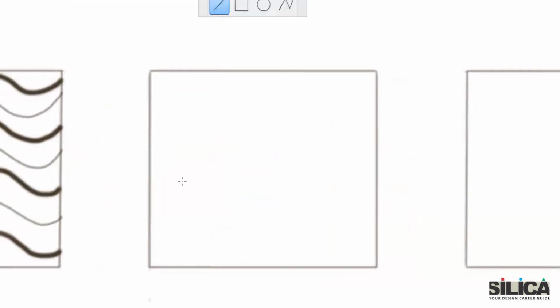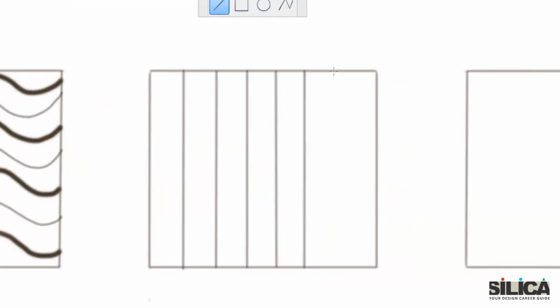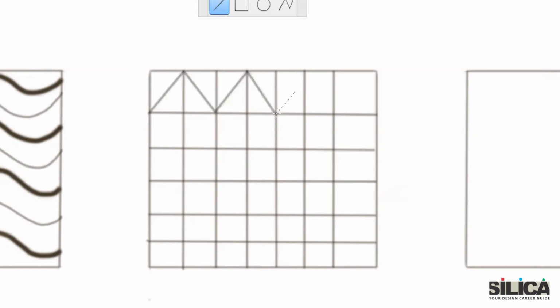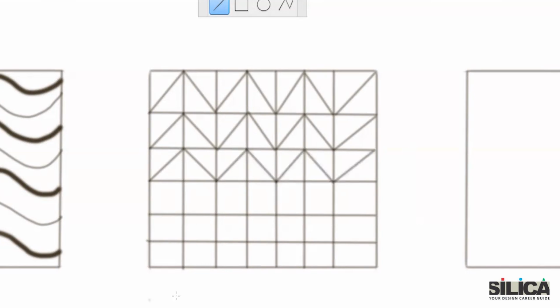In this design, I'm going to use a line and dot. I create a grid with vertical and horizontal lines. After that, in each box, I'm going to draw a diagonal line from both sides, which creates a triangle. Till now, I have just used the line element and created a pattern. Because of this diagonal line, the rectangle is divided into 2 triangles.